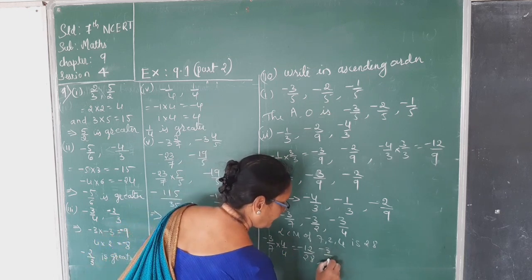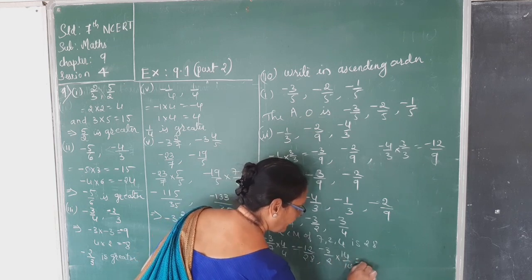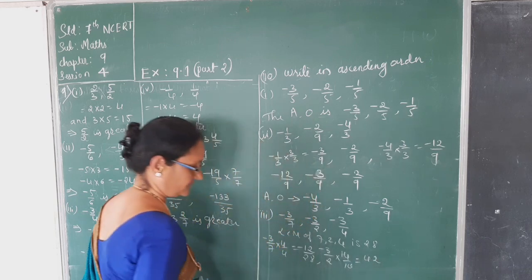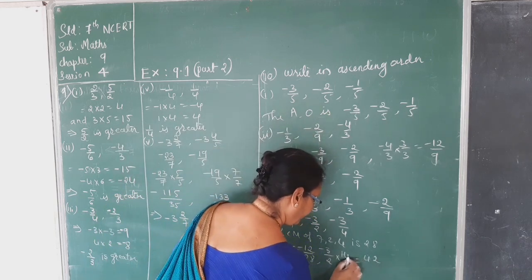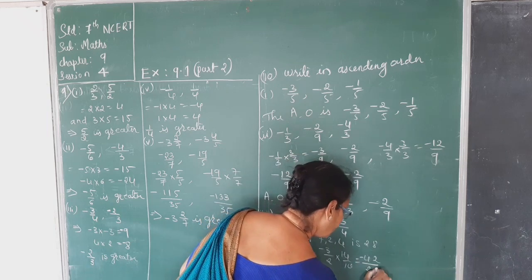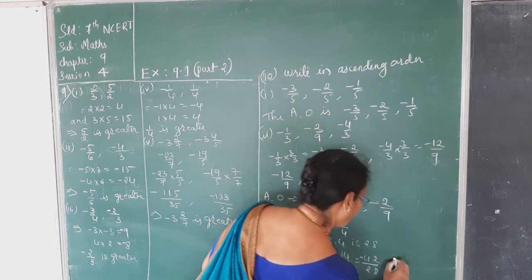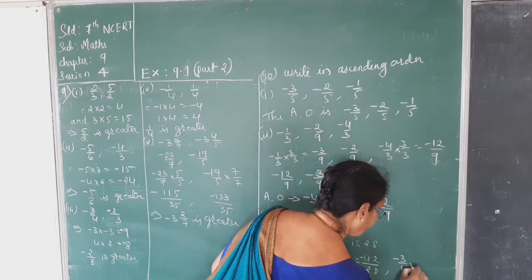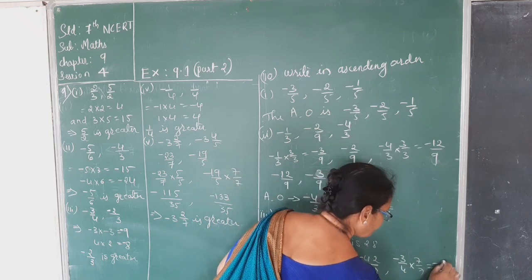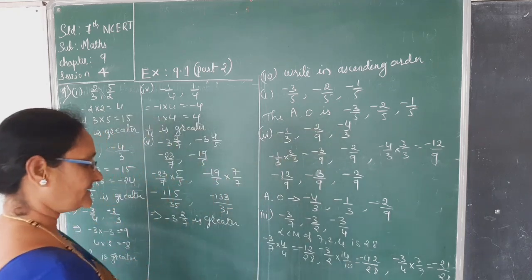Then minus 3 by 2, here 14 we have to multiply, minus 42 by 28. Then the third one, minus 3 by 4 into 7, minus 21 by 28. Now we will arrange them in the ascending order.